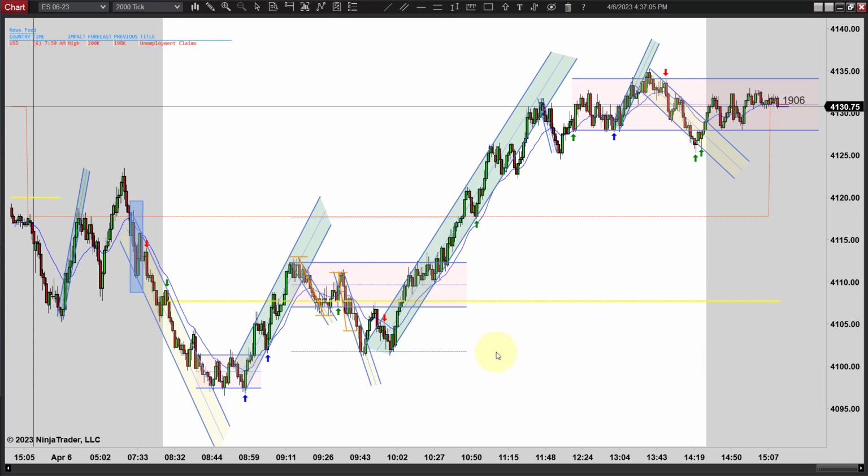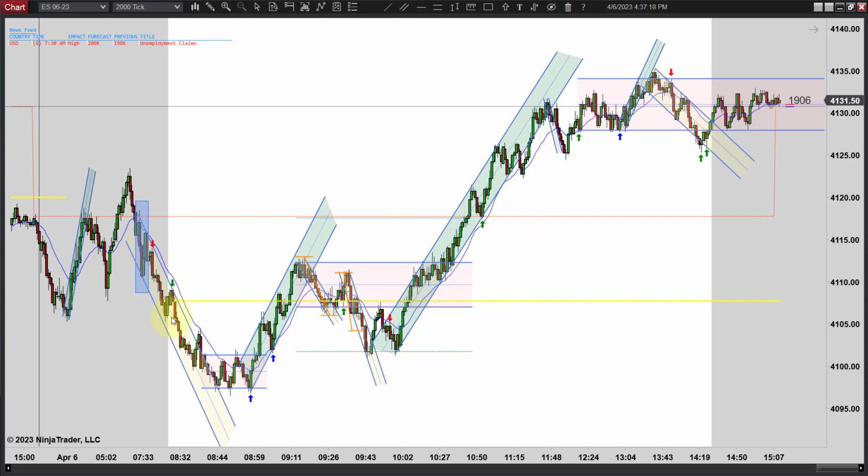Not much happening today. It's a shame, because really from just prior to 10 o'clock to right into 12 o'clock, that's a really nice move, and there's just not a good opportunity to get in it, unfortunately. And then the rest of it was just kind of sideways, choppy days. That was really the only good move of the day.